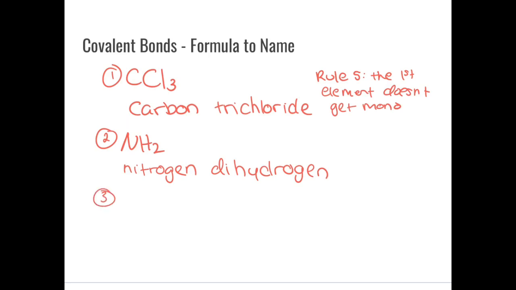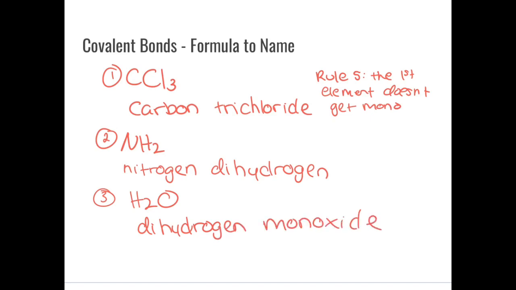All right, and then something like water. The di, since it's not 1, does now get put with the first element. So you would do dihydrogen monoxide. If you have similar sounding vowels next to each other, then you drop one of them. Like you don't say monooxide, you say monoxide.